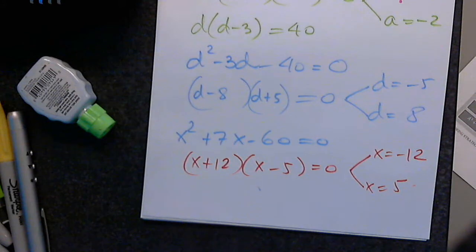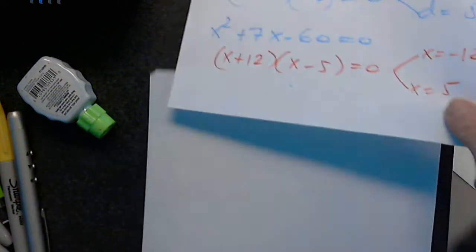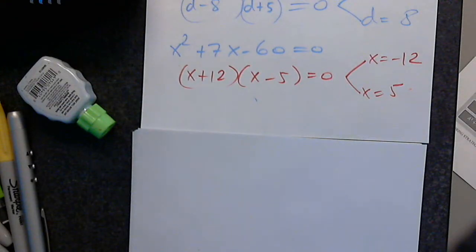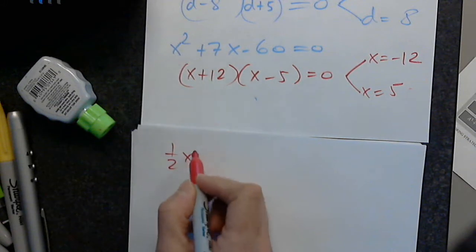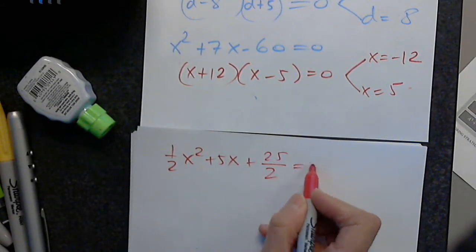Okay, one more here. One half x squared plus 5x plus 25 divided by 2 equals 0.